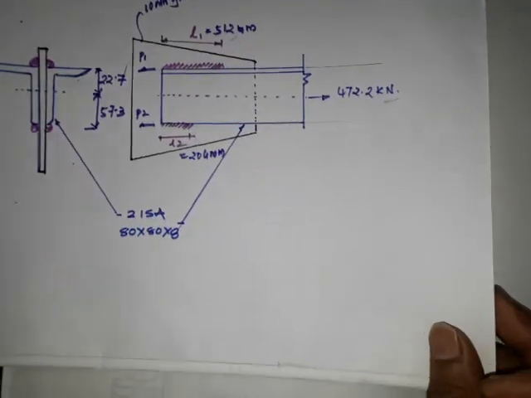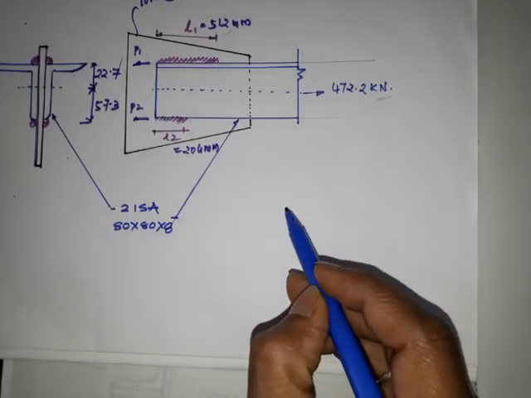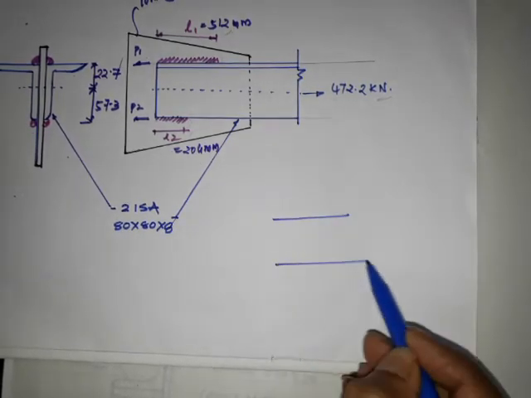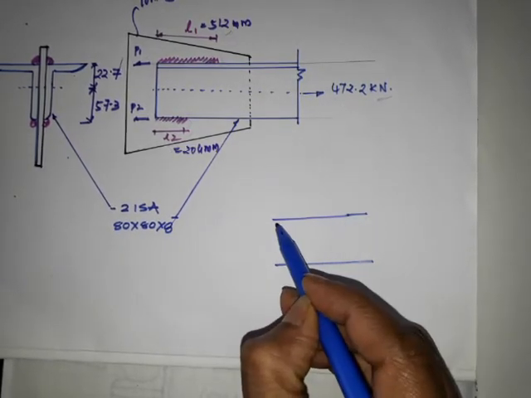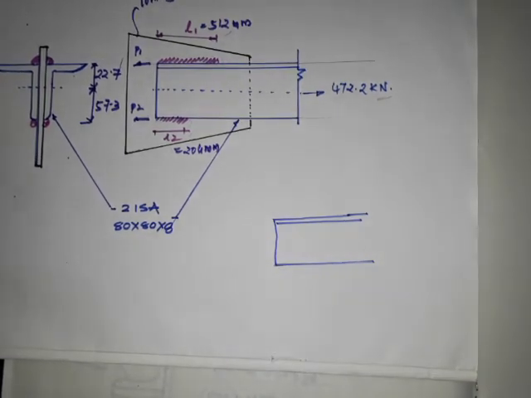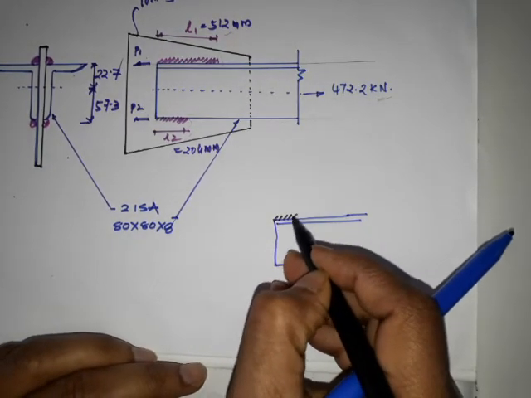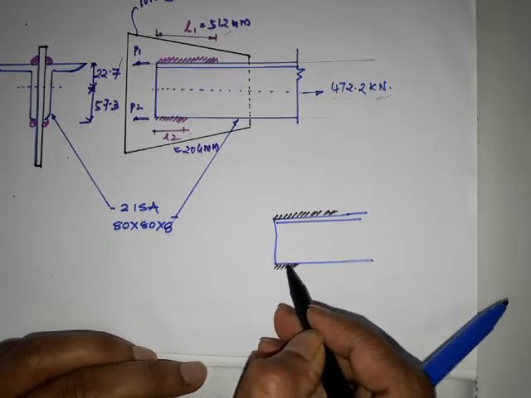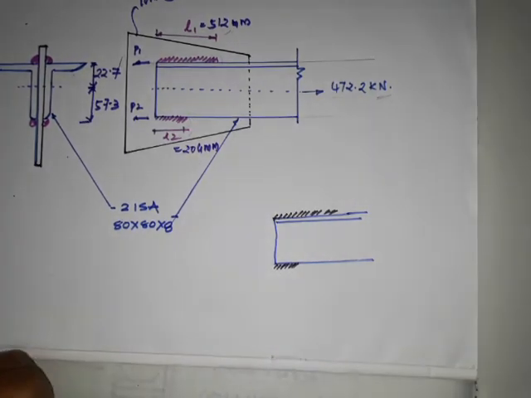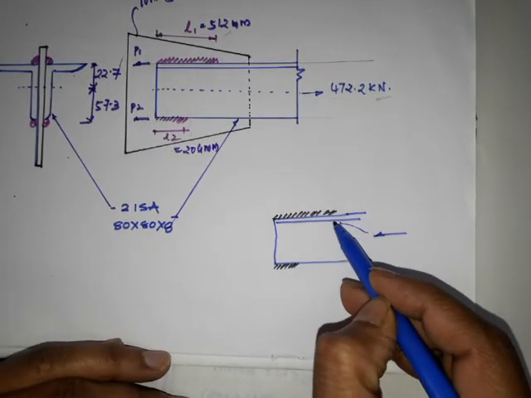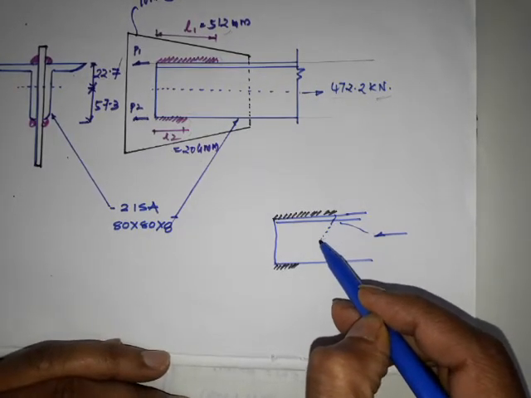Suppose it is a block shear failure, so we have the member like this, and we are providing the welding here like this. The failure takes place when the force travels; it has to transfer here first. So if fracture takes place, it will take place like this.